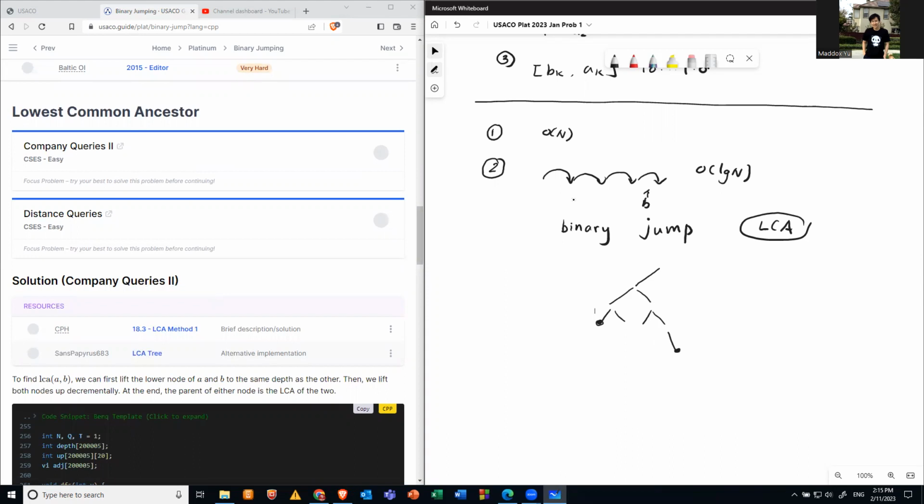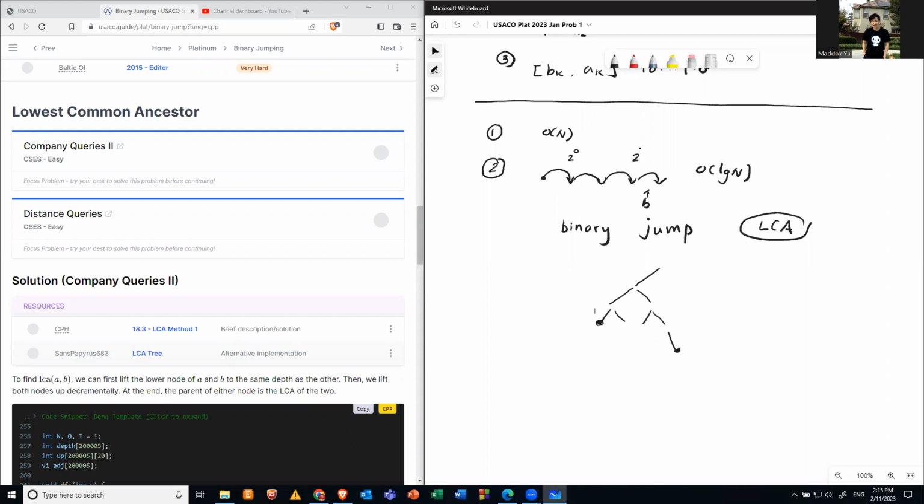The way to do binary jump, to remind you, is at each point you find what's the point you reach with 2 to the power of 0, which is one jump.